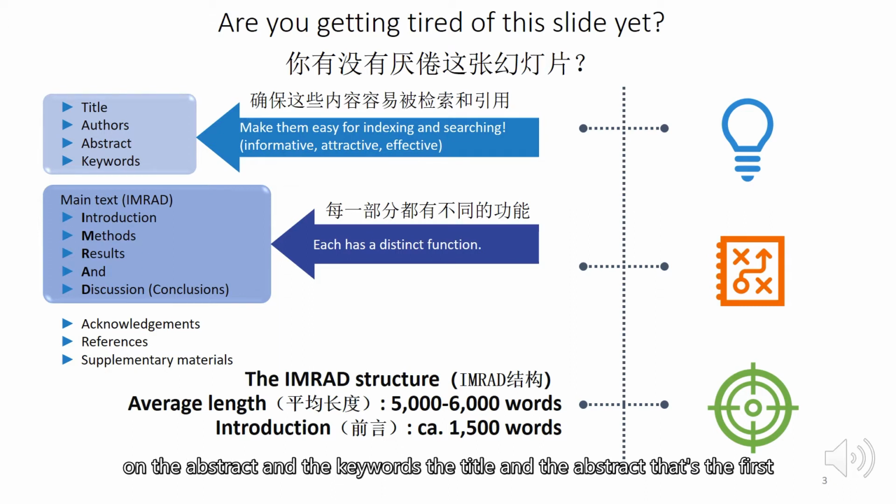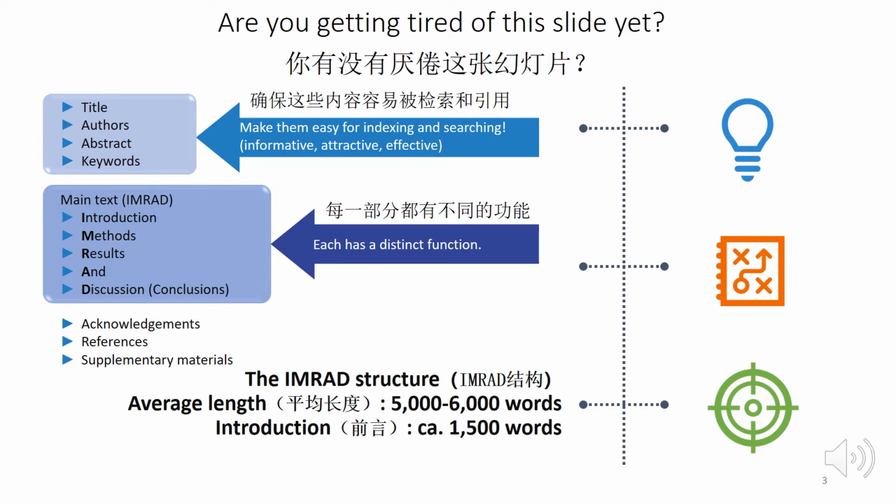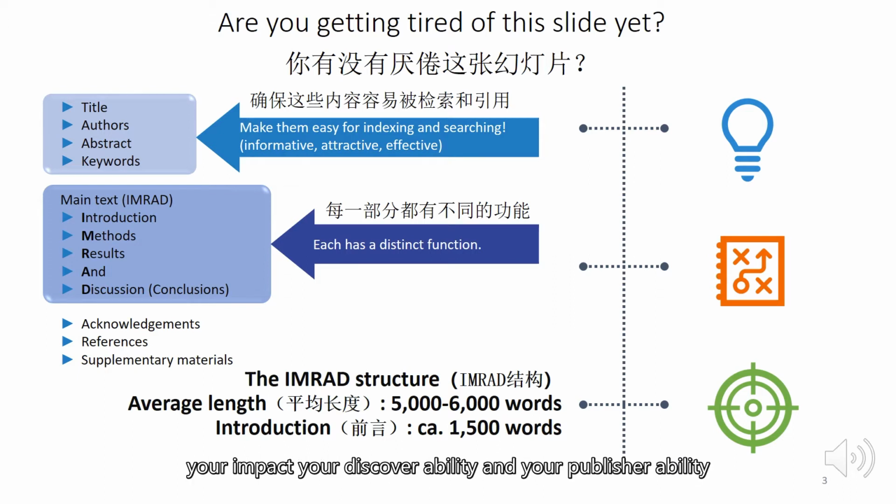The title and the abstract, that's the first section of academic writing, and then the main text of the paper. 2 different sections. How can you be effective in your English writing to maximize your impact, your discoverability, and your publishability with these different sections?